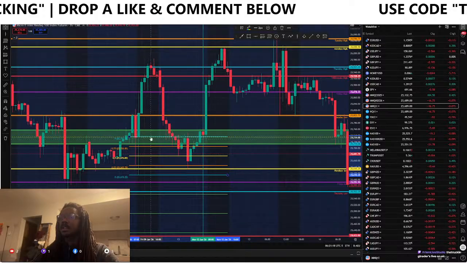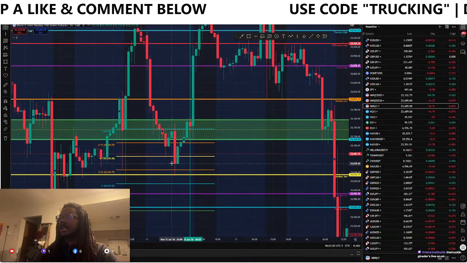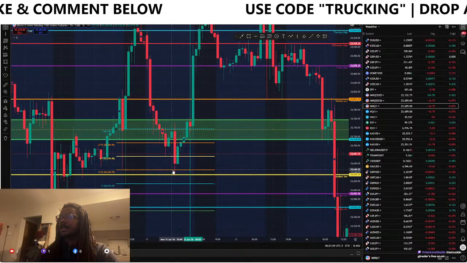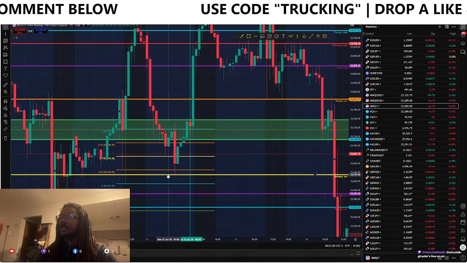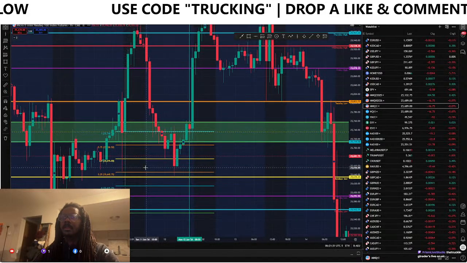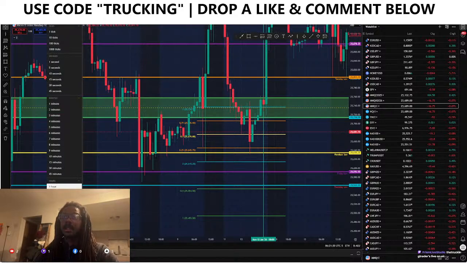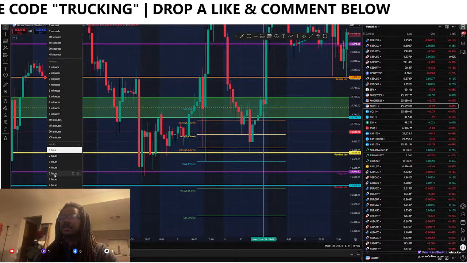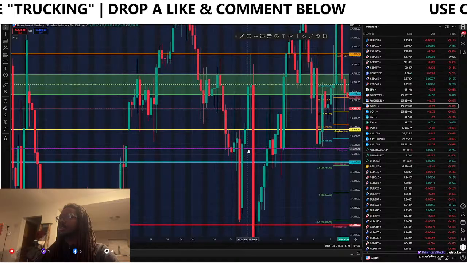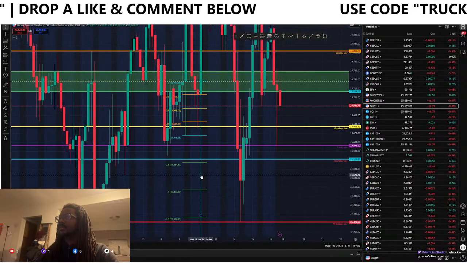If you measure this wick out, you can see that price came up in here and they respected this wick. This wick pretty much held price up. That's how I will look at this. And then on a 4 hour chart, I'm pretty sure the wick probably looked more significant.